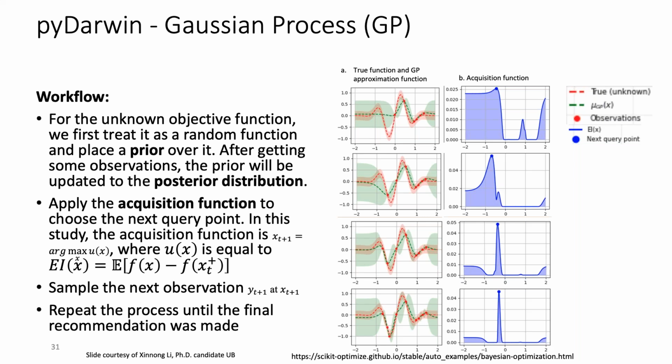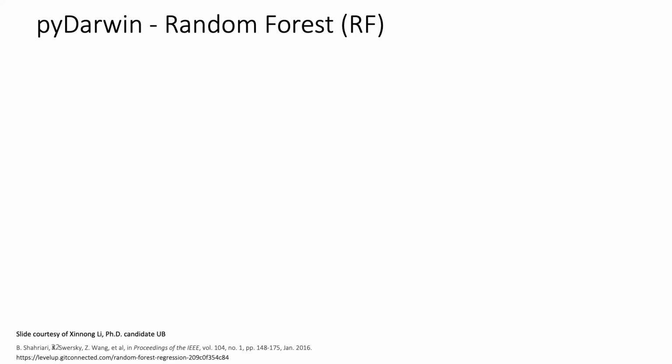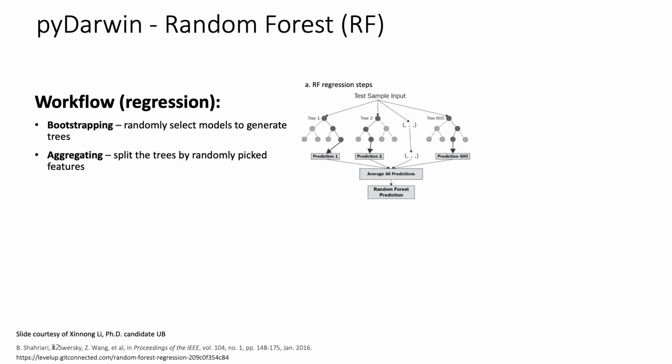The random forest is implemented again with creating random models and then evaluating those models with a set of random trees, and then aggregating those trees for the features.